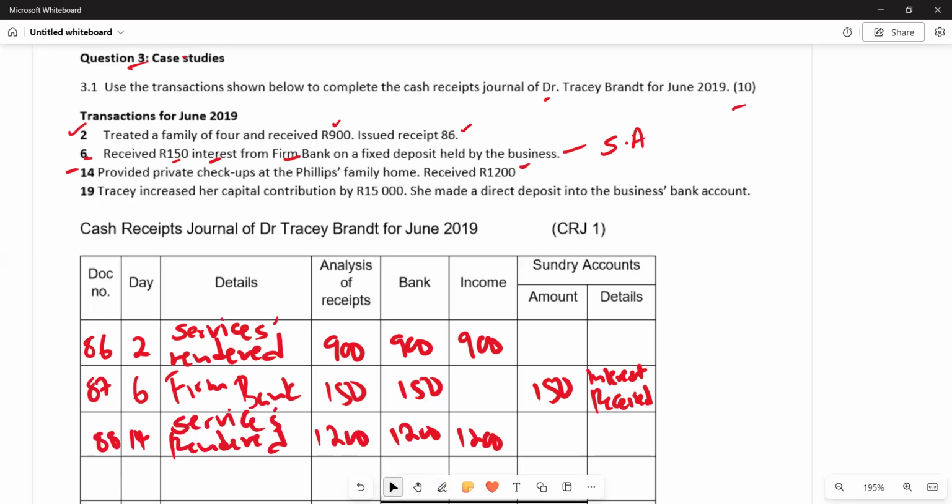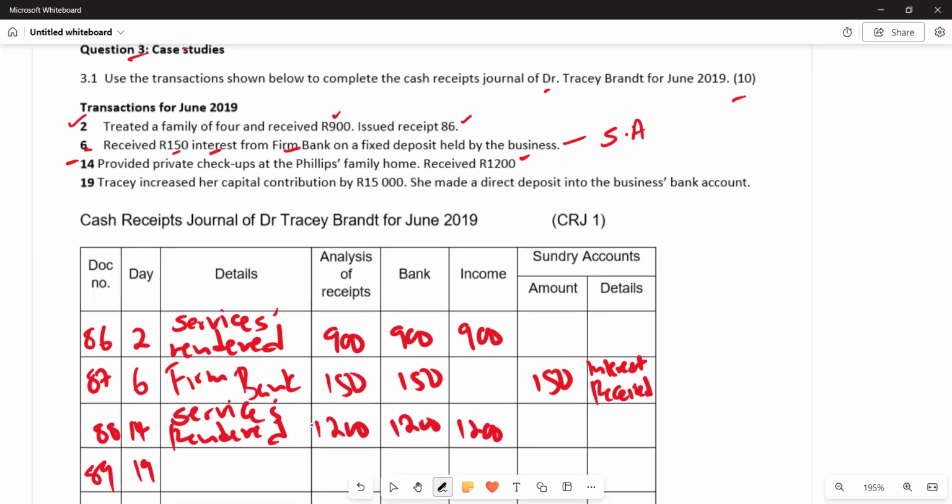So we go to the next one, which is now on the 19th. Here we put 89 as our document number. Remember, the document number is the receipt number, so we are giving the next figure after 86, 87, 88, which is 89.